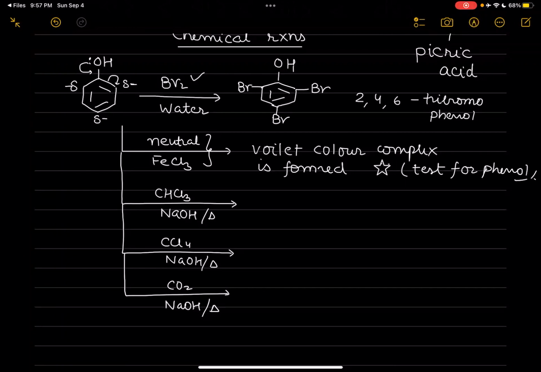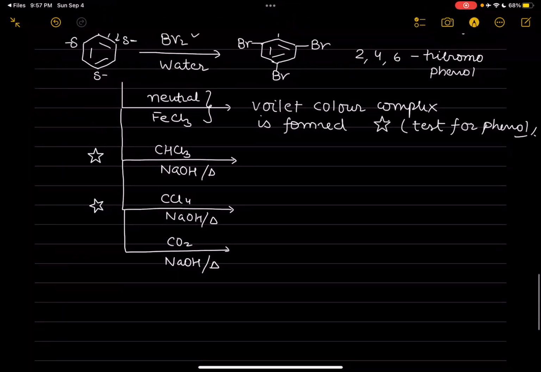Okay, right? And this is a very famous reaction of phenol. These three are studied together.